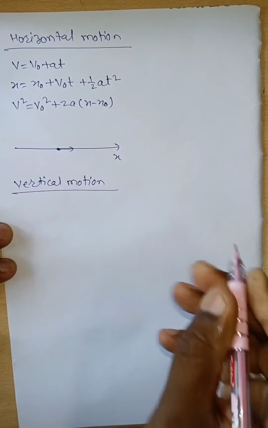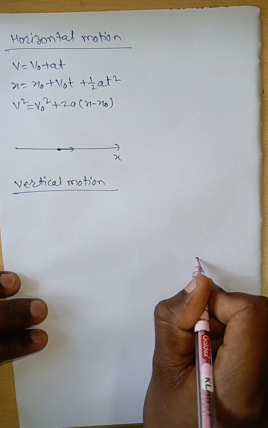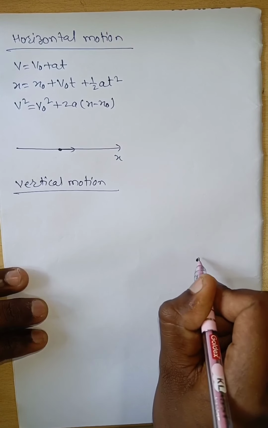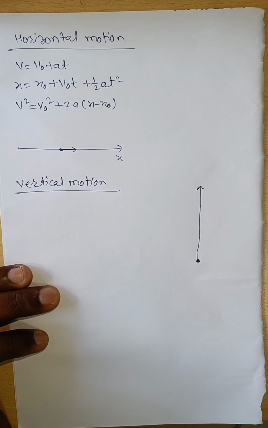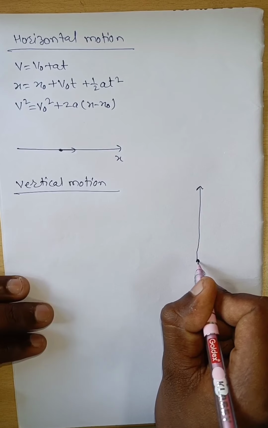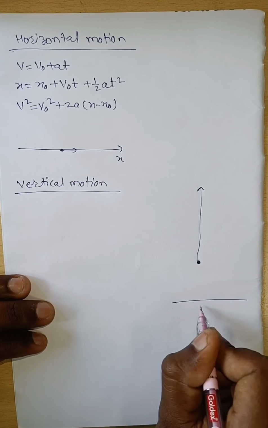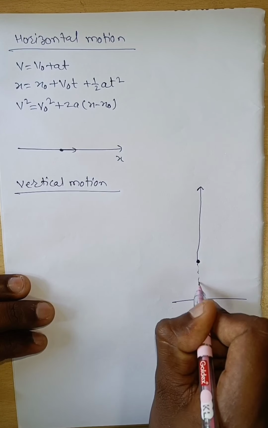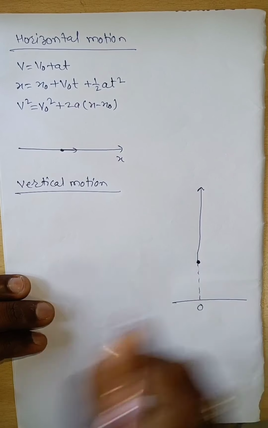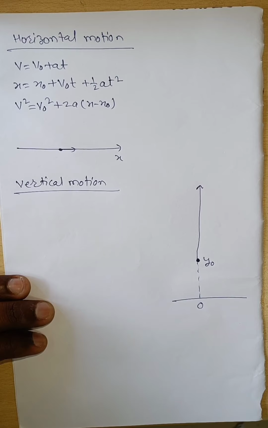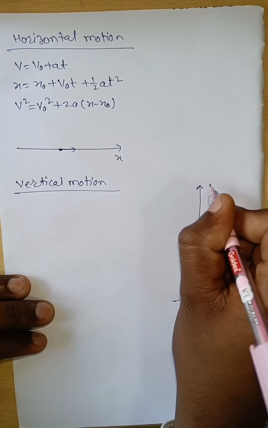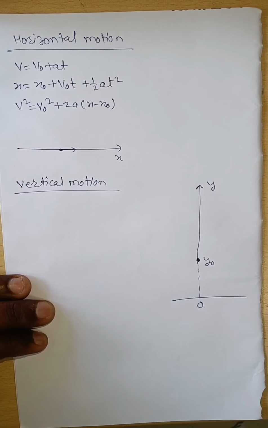Now suppose initially the object is here and the object moves in that direction, means moves along the y axis. Suppose this is the origin O. The object initially is here, this position is y naught, the initial position, and this is the final position y.